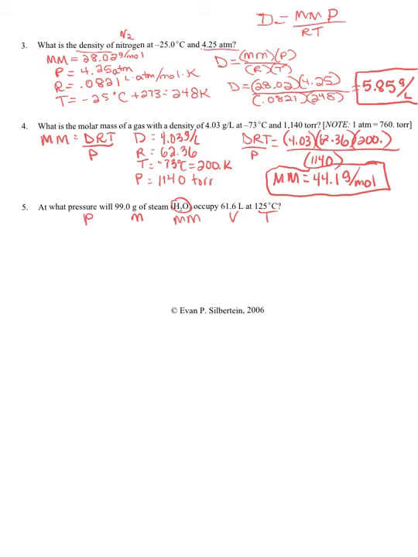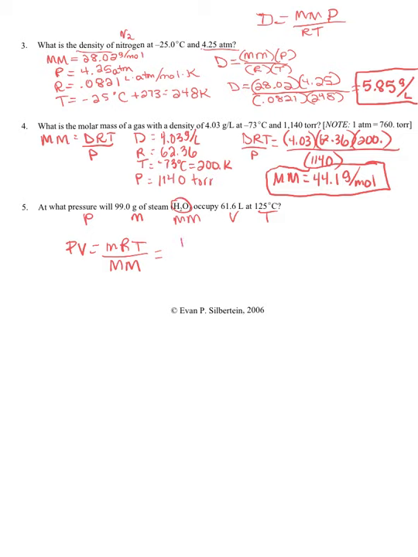So I'm going to use the version from the other page where they gave me PV equals MRT over molar mass. I can also use any of the original ideal gas law notes, not today's unit or today's gas laws. I could go back to my original ideal gas law notes and use those too. But this is an easy version. And since you have open notes, you might as well just use this.